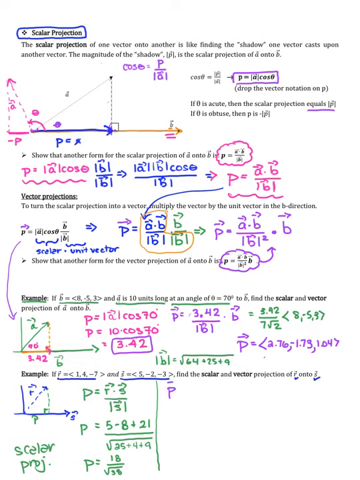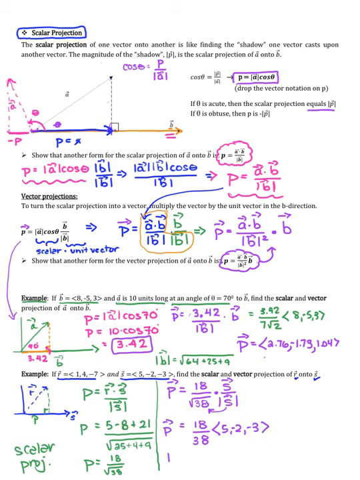So turning P into P as a vector means I'm taking the scalar projection, which was this, and multiplying it by the unit vector of S. So remember, that's going to be S over the magnitude of S, which is this. So we are going to have 18 over 38, because it gets rid of your square root, which is kind of nice, getting multiplied by 5, negative 2, negative 3.